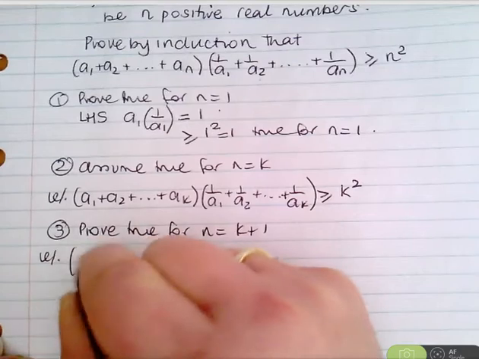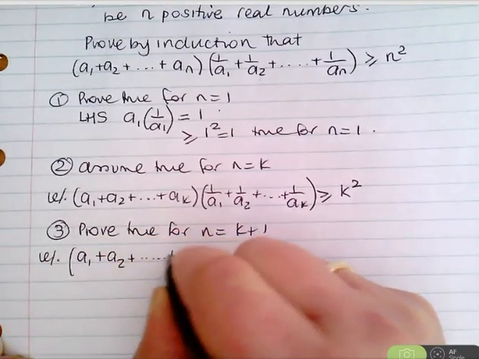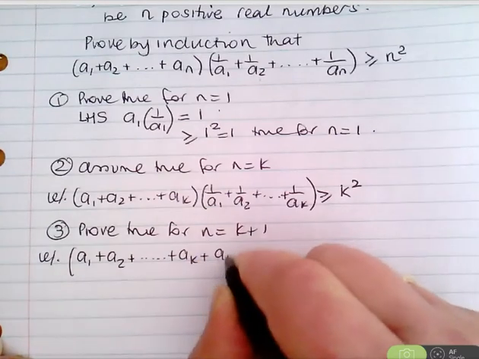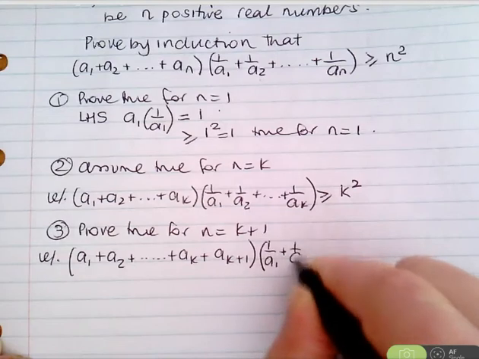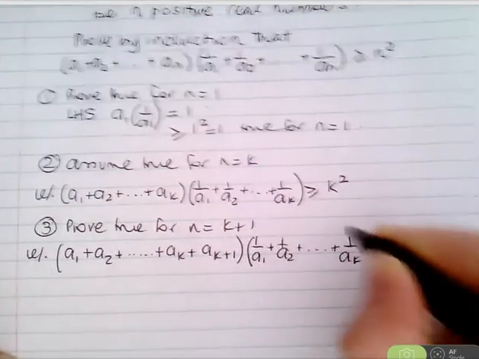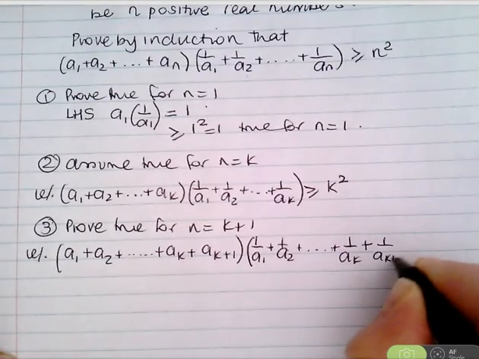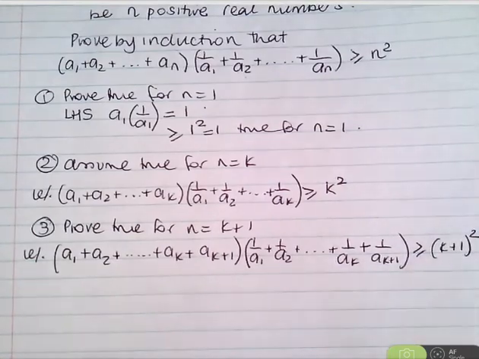That is, we want to prove that a sub 1 plus a sub 2 plus a sub k plus a sub k plus 1 times 1 over a sub 1 plus 1 over a sub 2 plus all the way up to 1 over a sub k and 1 over a sub k plus 1 is greater than or equal to k plus 1 squared.